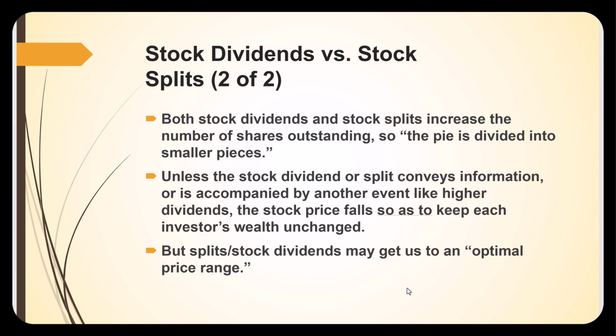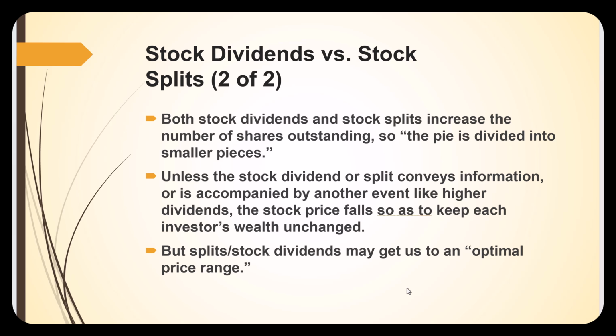So now I have two pieces, but my two pieces are exactly equal to your one piece. So when a company splits its stock, it divides the pie into smaller pieces, but the owner's control doesn't change. So what does change? The number of shares changes. Control doesn't change. The only thing that changes is the price of the stock.